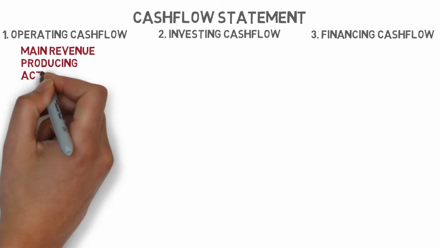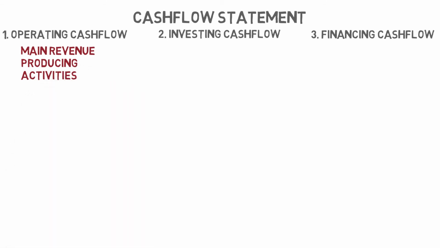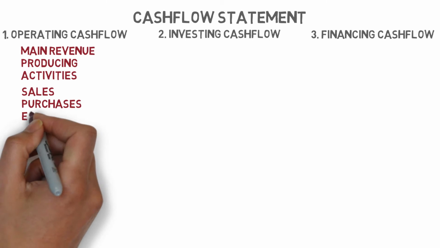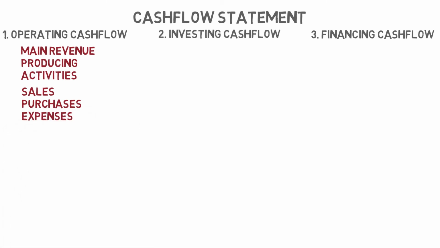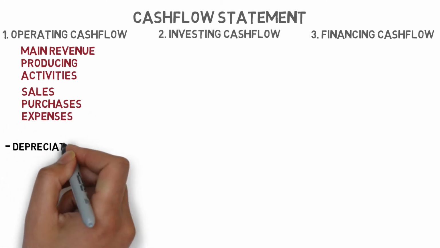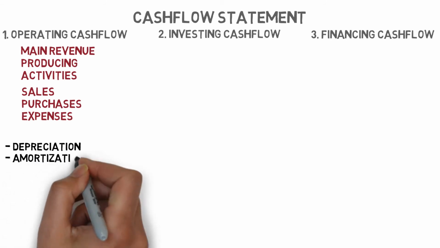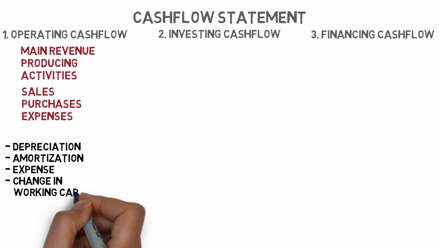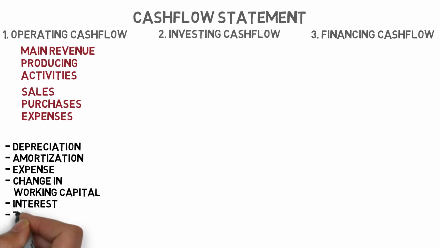Cash flow from operations typically includes the cash flows associated with sales, purchases, and expenses. Examples of operating cash flows are depreciation, amortization, expenses incurred, changes in net working capital, which is basically current assets and current liabilities, interest, and taxes. These are all the operating cash flows.